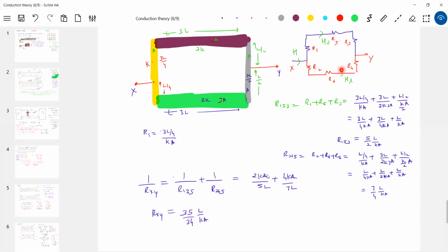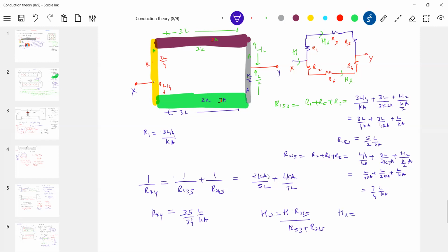How much will pass through the lower section? So any formula, again, I'll go back to this one. HU is equal to H into resistance of lower part, so that will be R265 by total resistance, R153 plus R265.